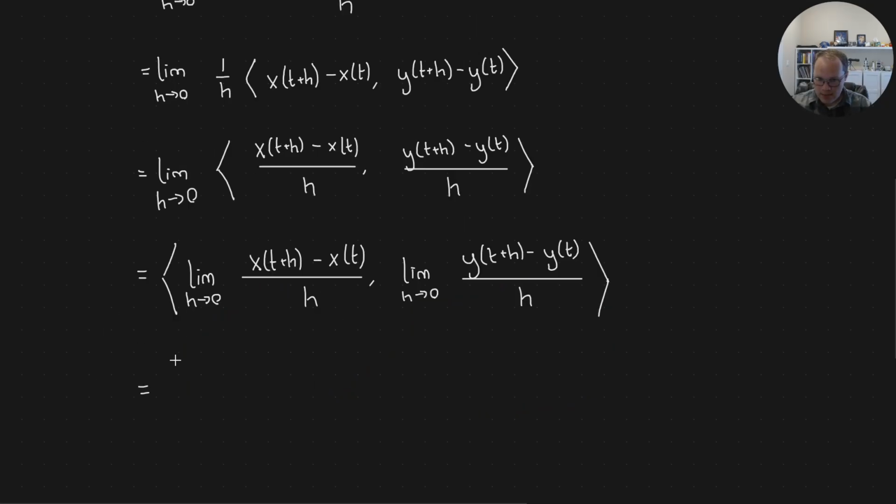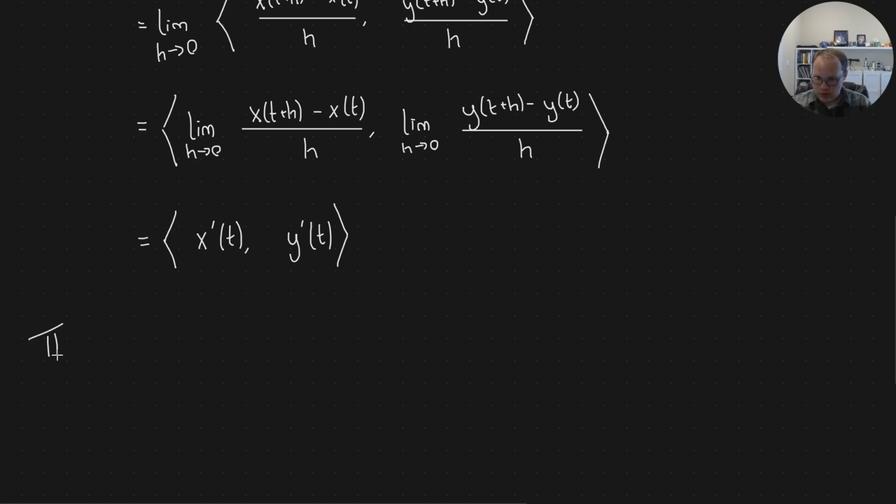And so I end up with the derivative of the first component and the derivative of the second component. Which means taking the derivative of a vector-valued function is really easy. Assuming the derivative exists, let's write it as a theorem. The derivative of a vector-valued function will just be the derivative of its component functions.